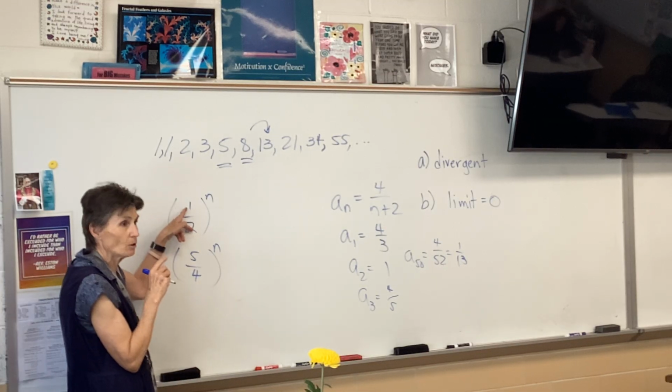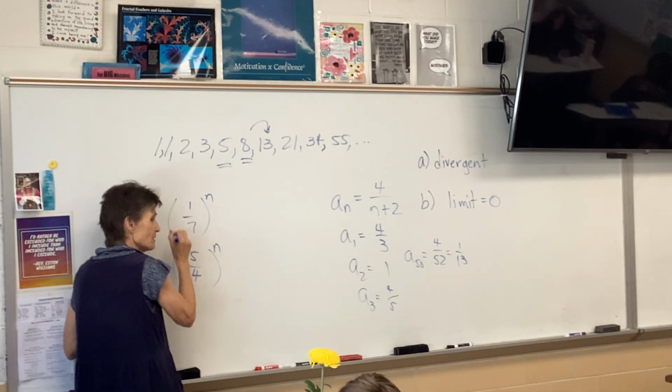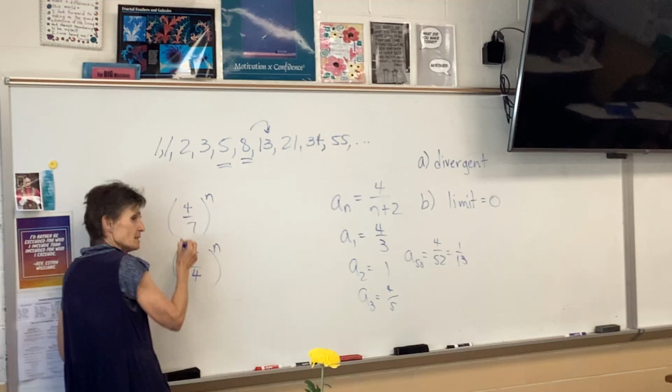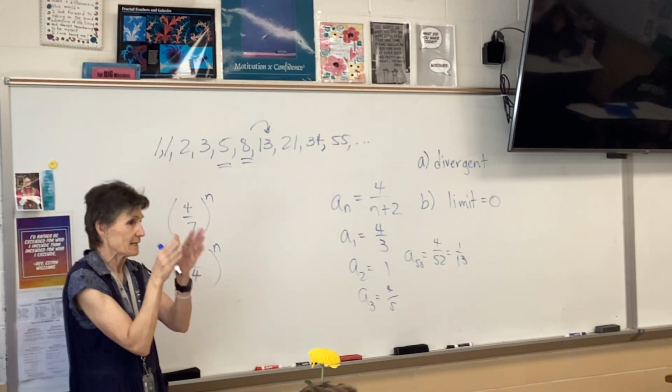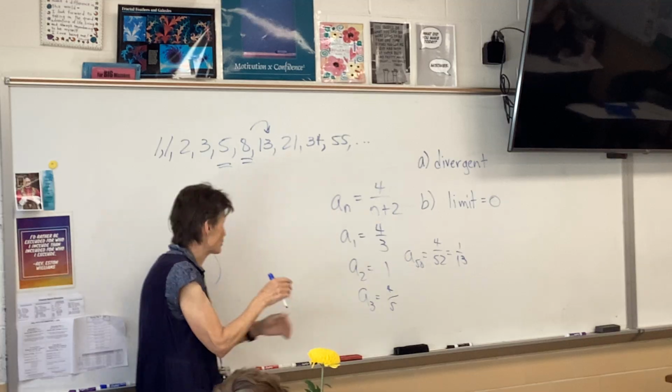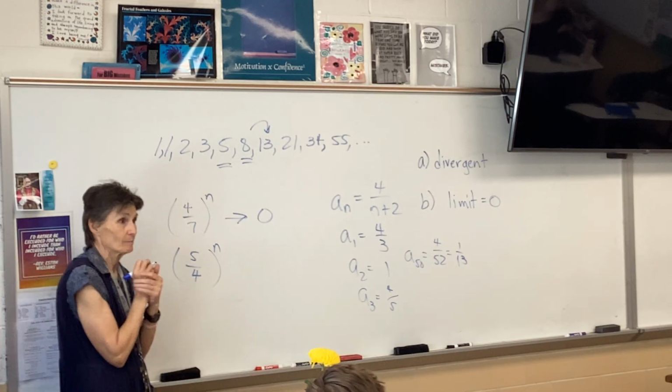Because if you keep multiplying by a number less than 1, in other words, this could be 1/7, it could be 4/7, it could be anything less than 1, it keeps getting smaller.